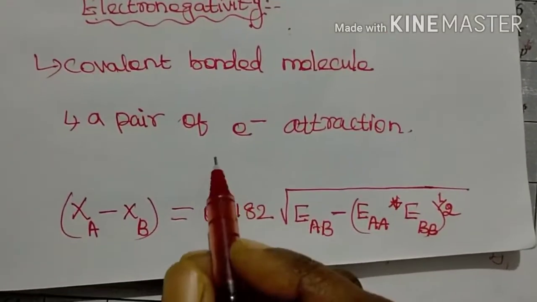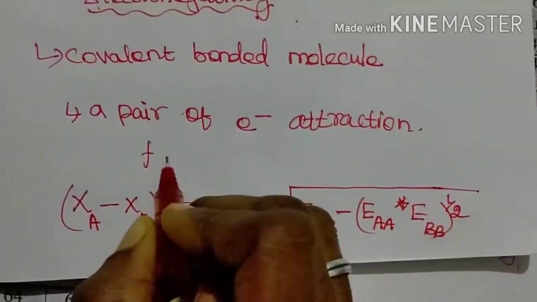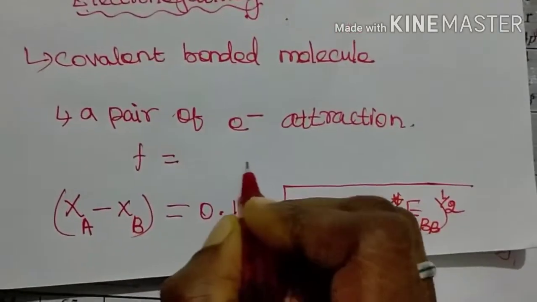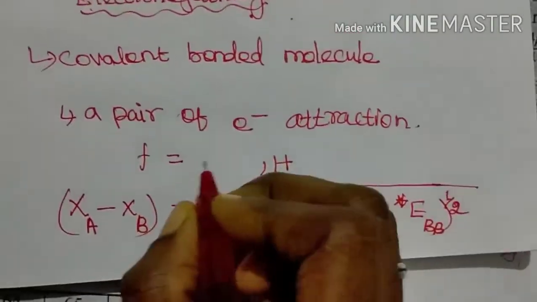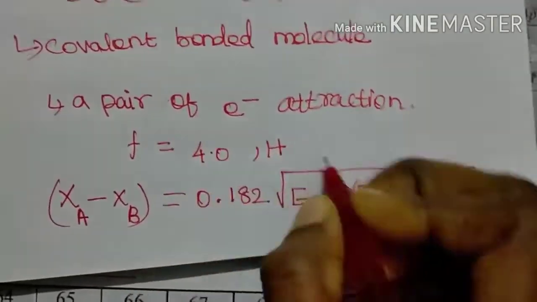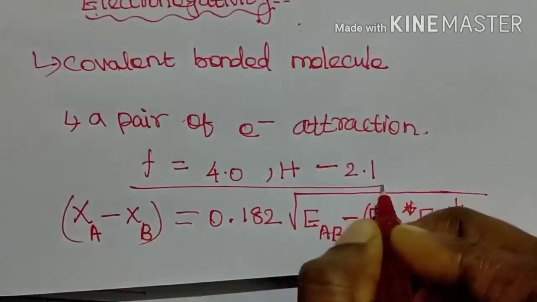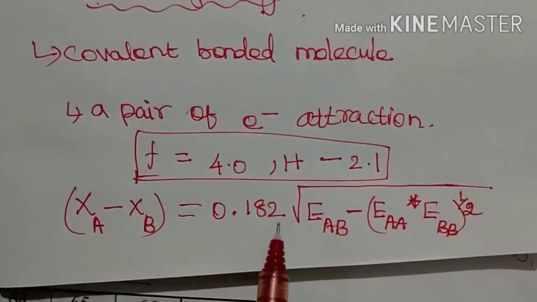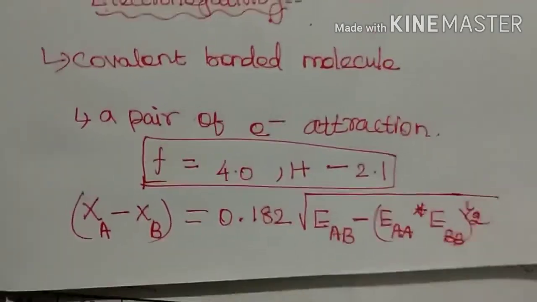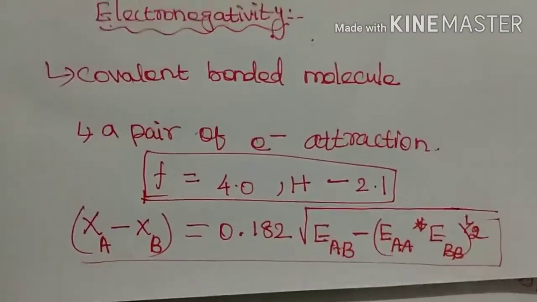He fixed arbitrary values for fluorine and hydrogen: fluorine 4.0 and hydrogen 2.1. He fixed these values to measure the electronegativity of other elements by this formula.